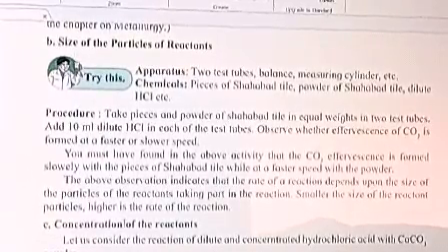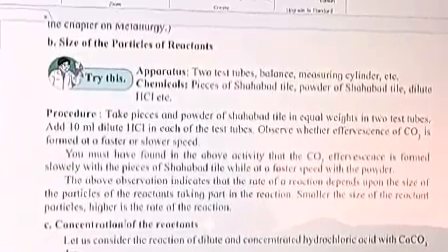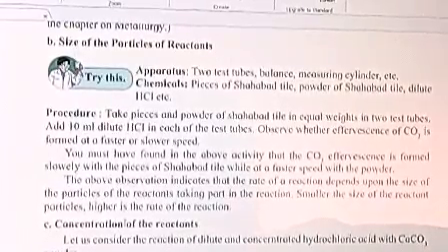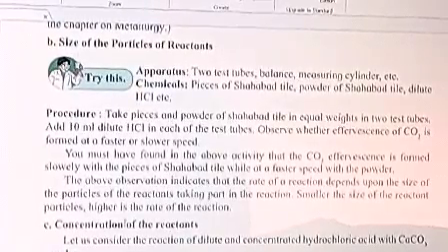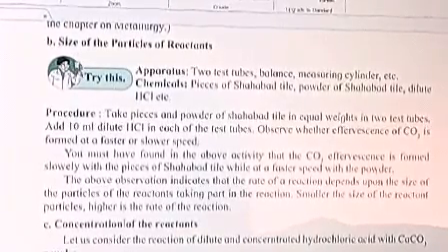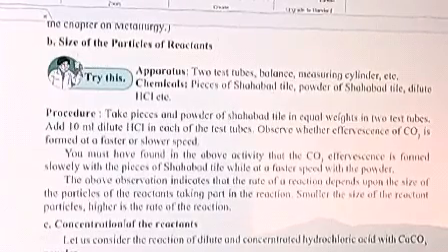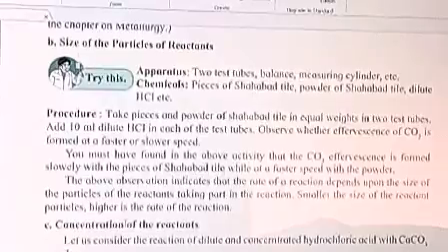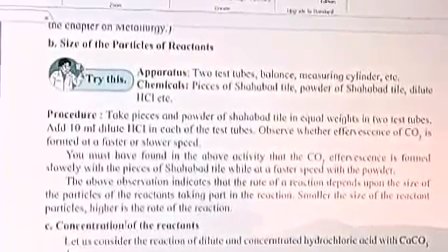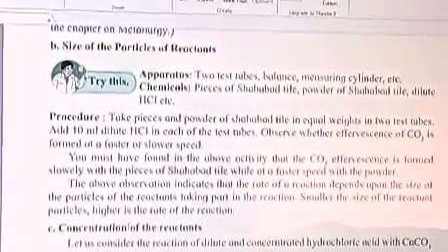In another test tube, put some big pieces of marble and observe the rate of reaction. You will find that in the test tube in which powdered marble is added, the rate of reaction is very fast.